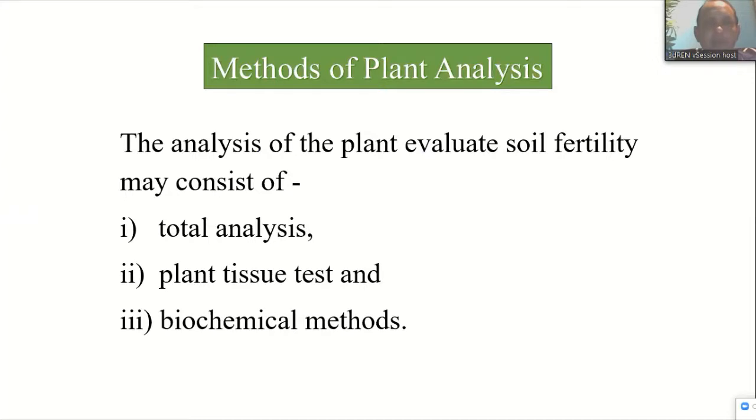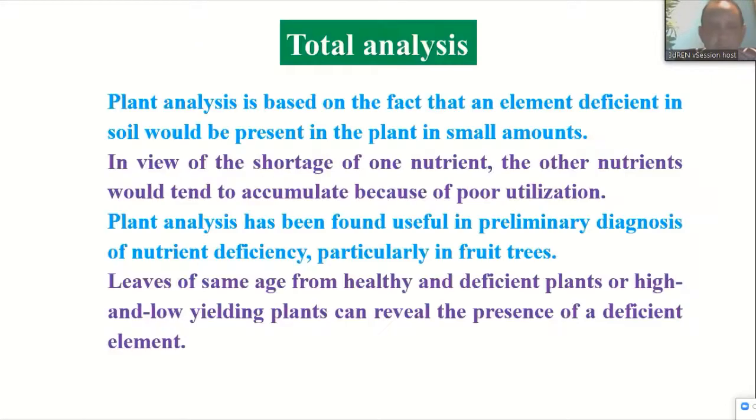So these are the methods of plant analysis: total plant analysis, plant tissue test, and biochemical methods. Now total analysis is based on the fact that an element deficient in soil would be present in the plant in small amounts.